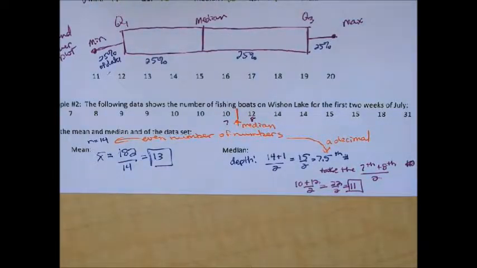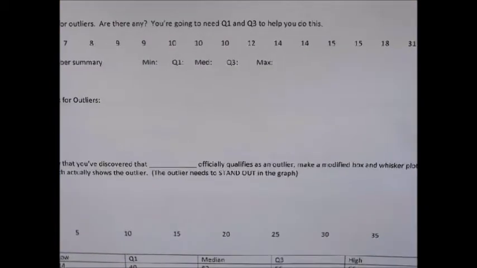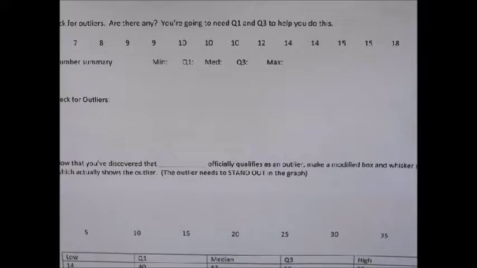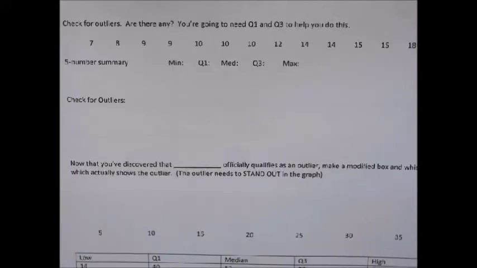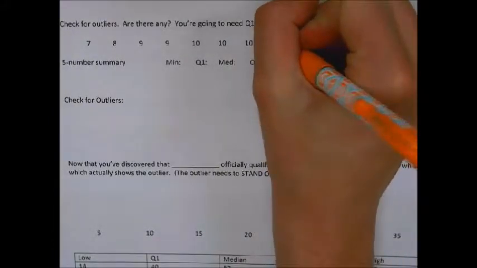All right, now go ahead and check for outliers. And to do this, we're going to need our Q1 and Q3. So we know that our median is right here.